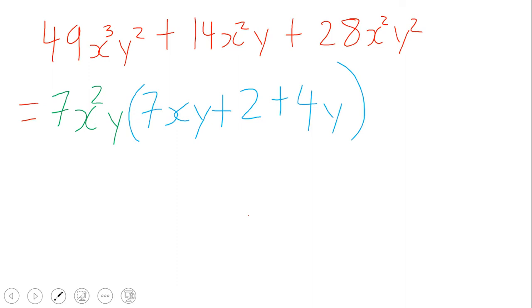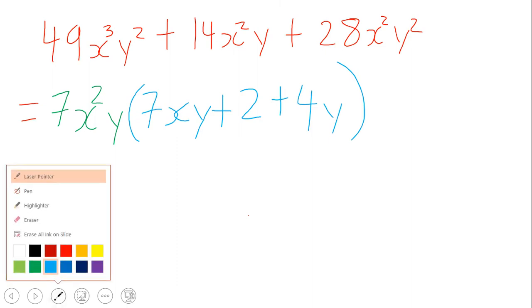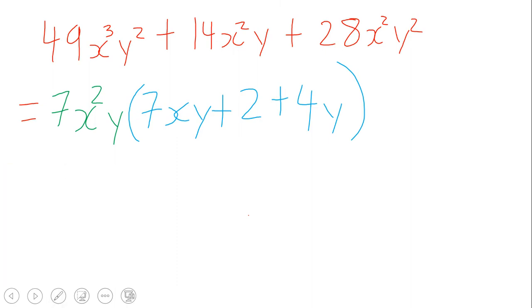Okay. For the two part of it, I put 2x. The reason why we can't put 2x is because if we put an x there, it'll be x squared times x which is x cubed, and we don't have an x cubed. You remember I said I put mine the other way around.